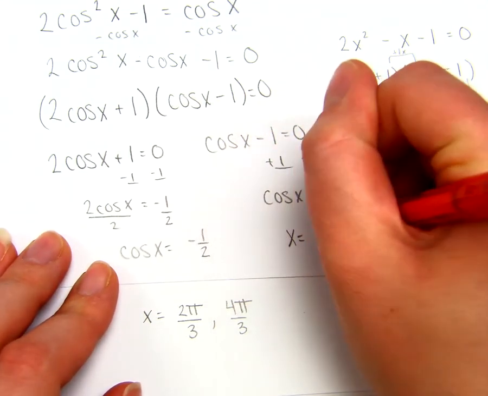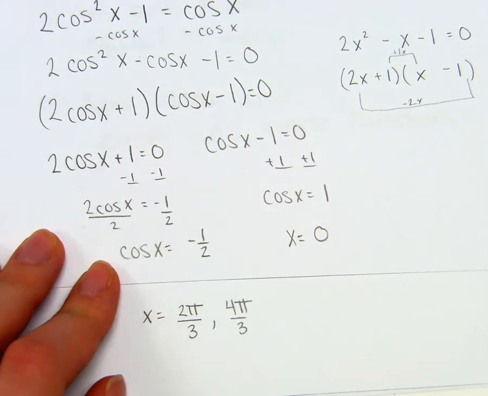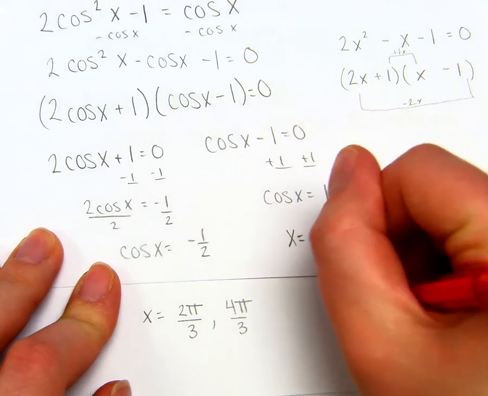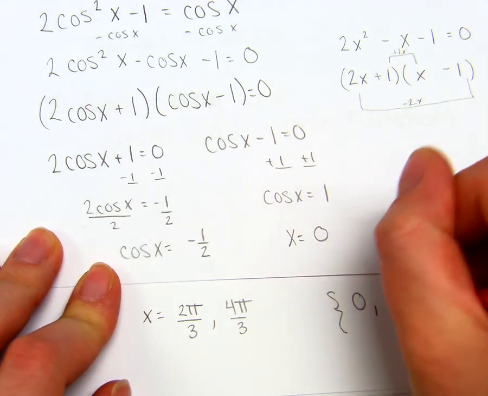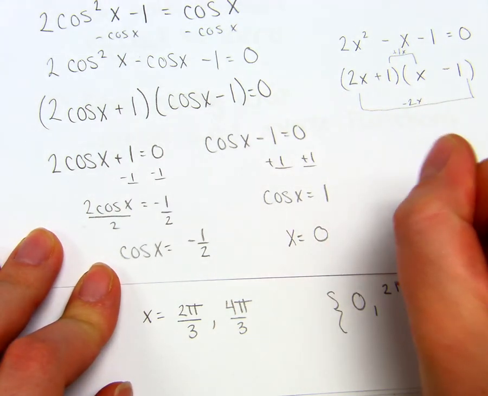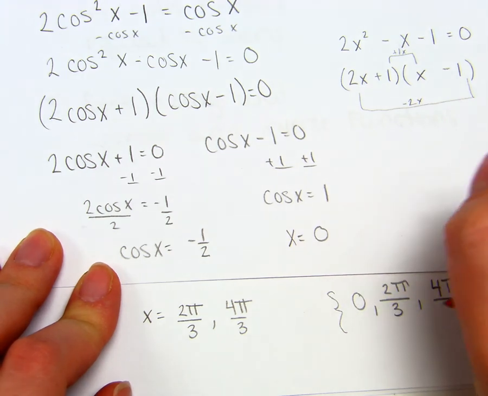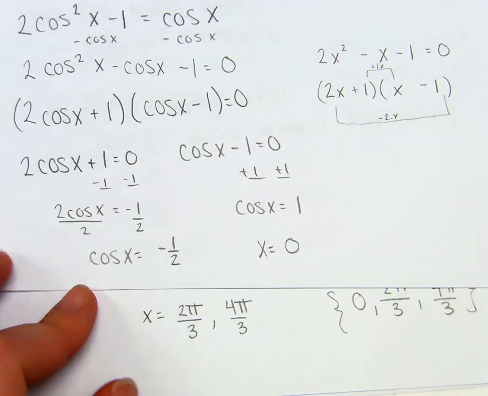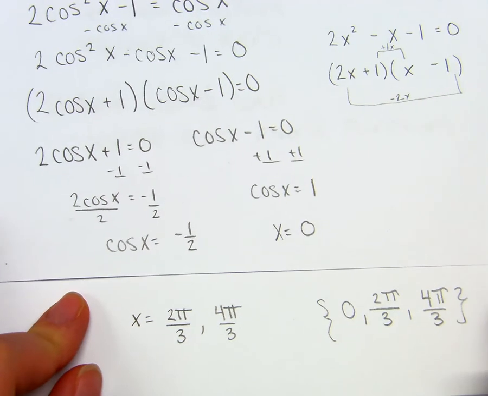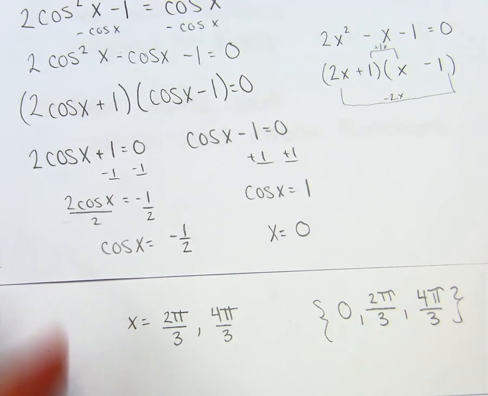So x would equal 0. So you end up having 3 solutions for that one. And you can write them in the squiggly brackets. You don't have to. But it's nice and neat if you do, because all your solutions would be in one spot. So I have 0, 2 pi over 3, and 4 pi over 3.